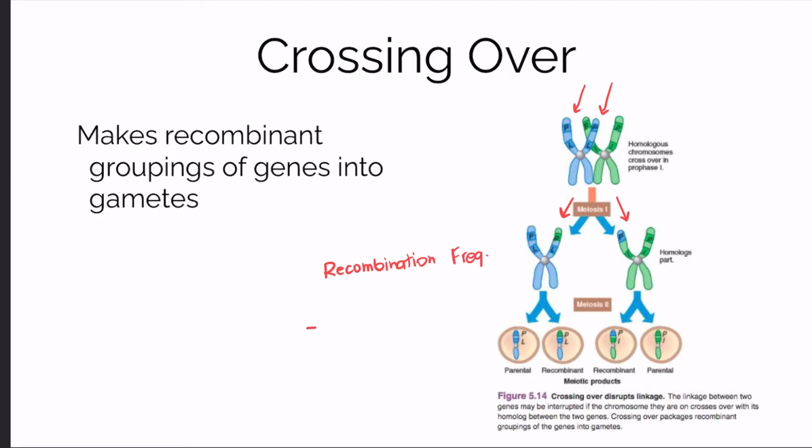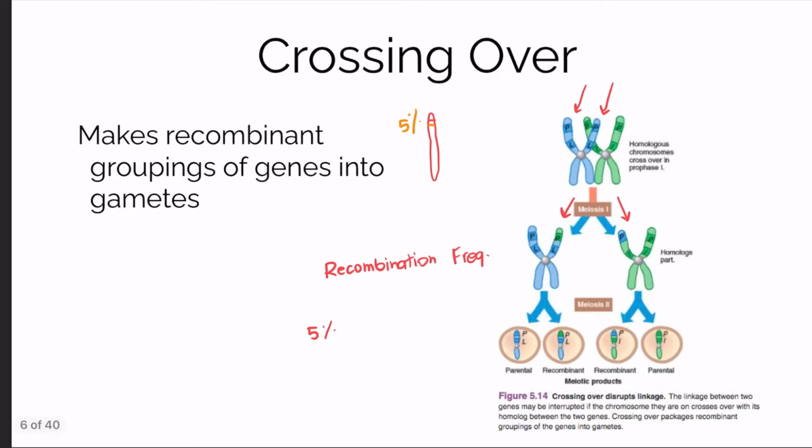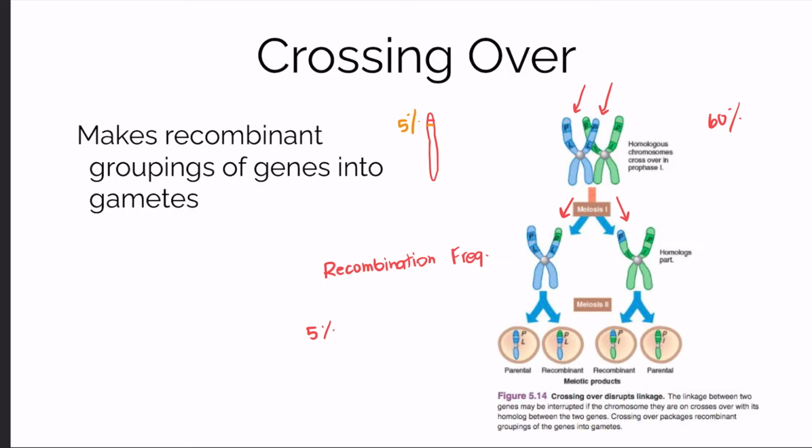If the number is really small, like 5%, they are less likely to recombine. And what that means is that they are going to reside really closely together because they're less likely to recombine. So this would be an example of like a 5%. If the number is big, like 60%, you can assume that it would be 60% more likely that recombination would occur.